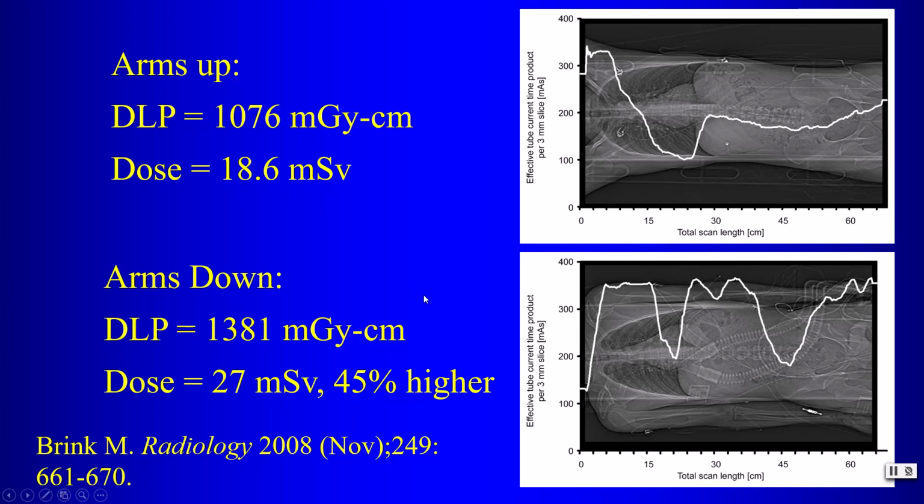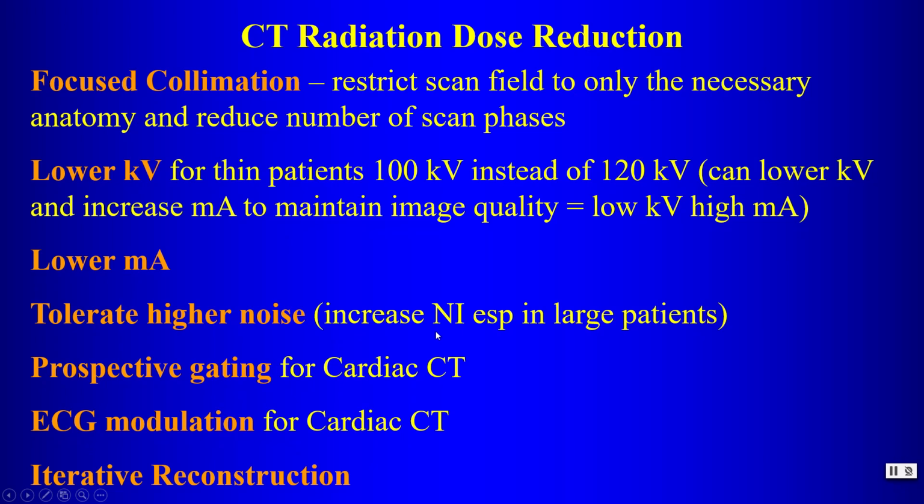With the arms down, it's a 45% increased dose. So if at all possible, when you're doing a CT scan of the patient, it's important to keep the arms up. It's better for image quality also. You'll see much better image quality, but it's also important for reducing the radiation dose to the patient.